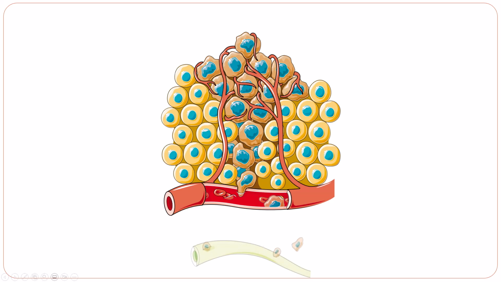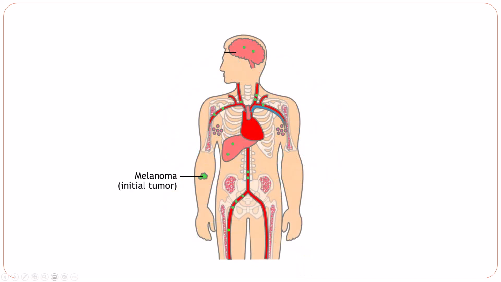They can also enter into the lymphatic channel. Okay, one example: melanoma. The initial tumor develops in the skin, and once the cells gain entry into the bloodstream, they can then lodge in the brain or liver. So this is how distant metastasis develops.